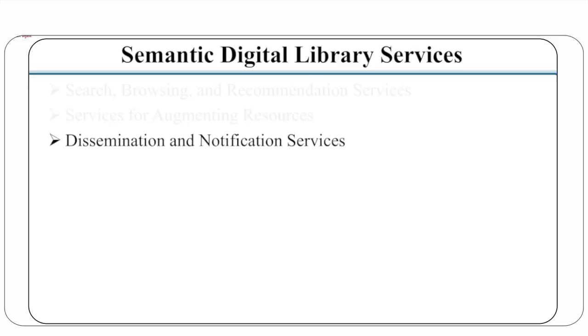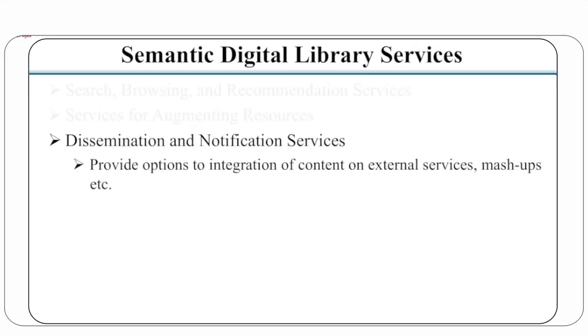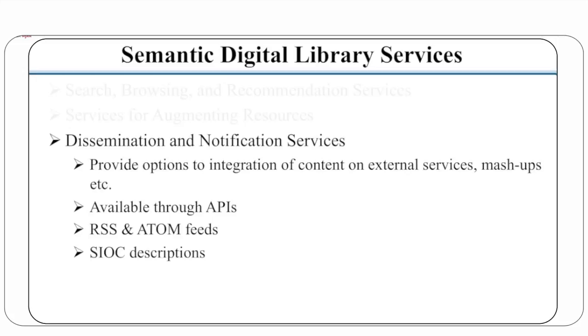Semantic digital libraries should enable the users to access the metadata in any format and through any services. The users should be able to access the content's metadata by constructing mashups of services and content. These metadata should be provided through APIs as customizable RSS and ATOM feeds, SIOC, which stands for Semantically Interlinked Online Communities descriptions, RDF graphs, and in JSON format.